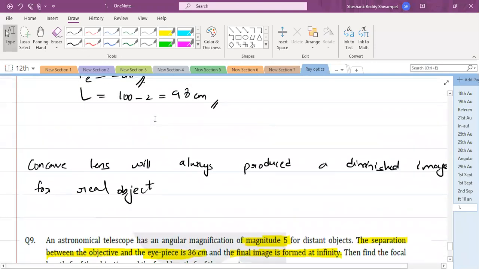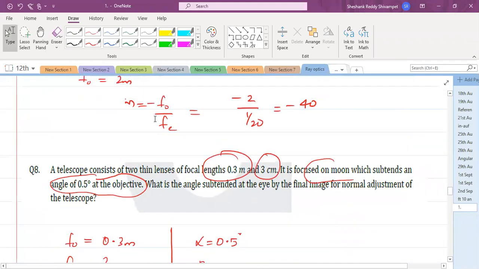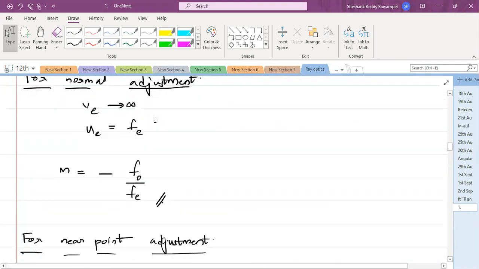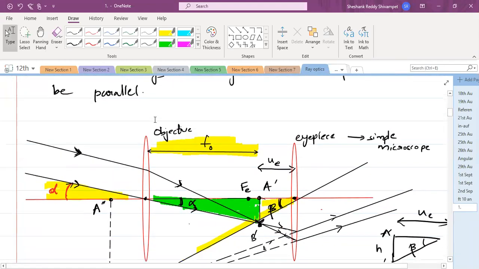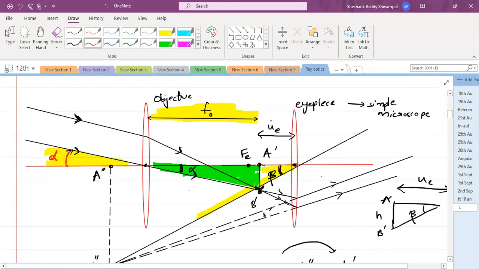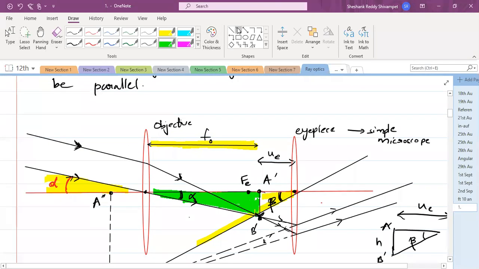Now in this case, if I look at the ray diagram, what is the distance between the objective and the eyepiece here? What is the distance between objective and eyepiece?